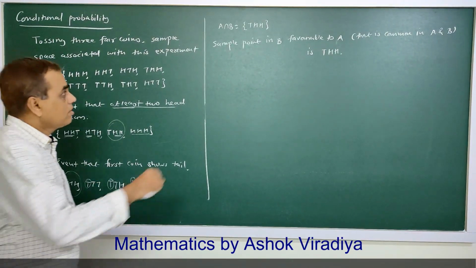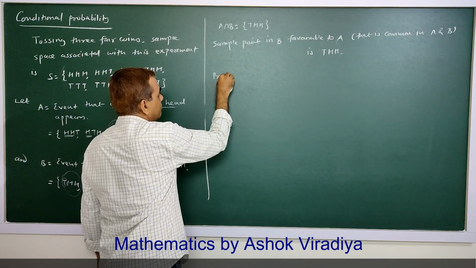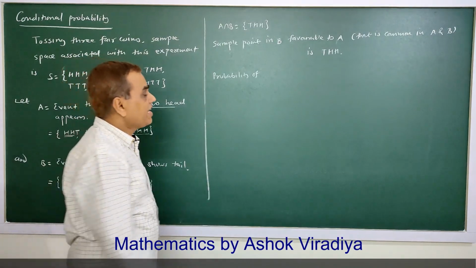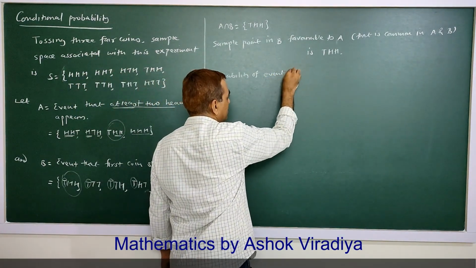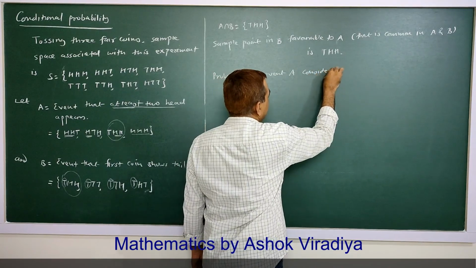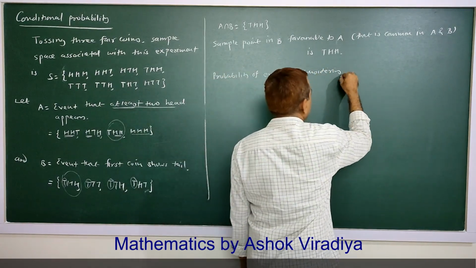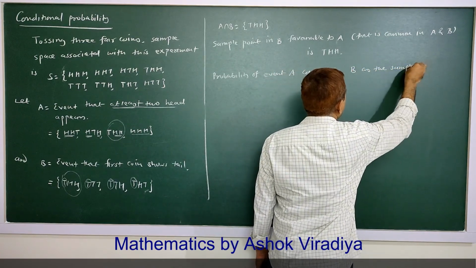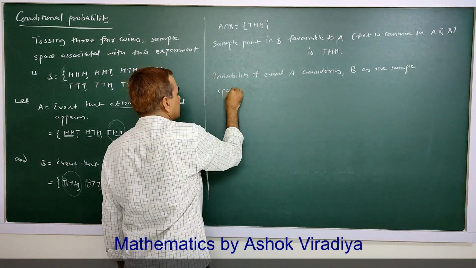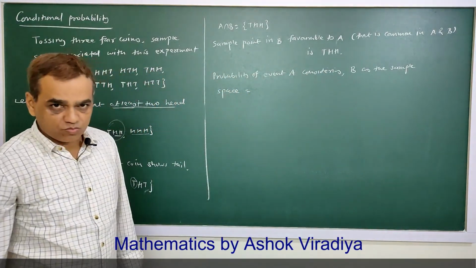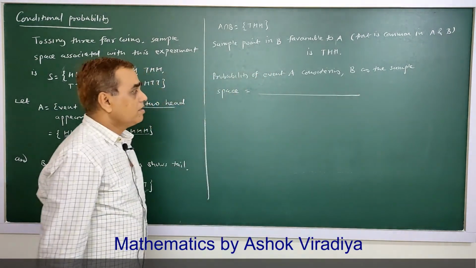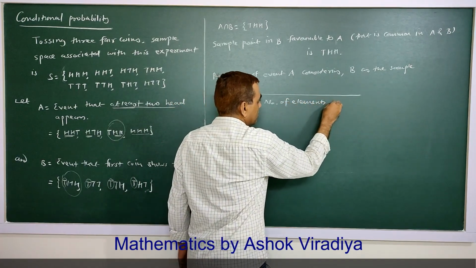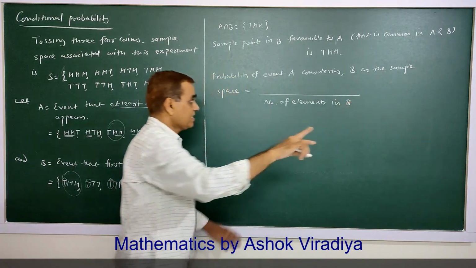Now, probability of event A considering B as the sample space is equal to the number of elements in B, because B we have taken as the sample space.